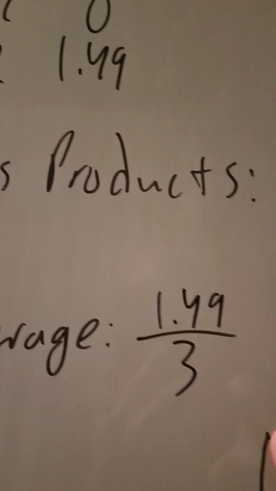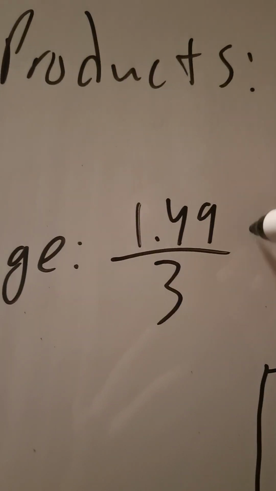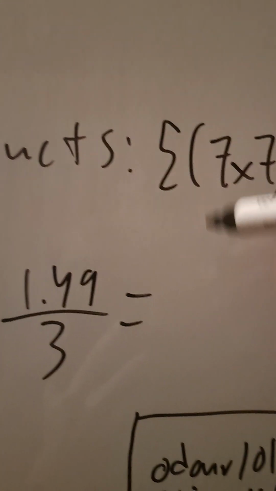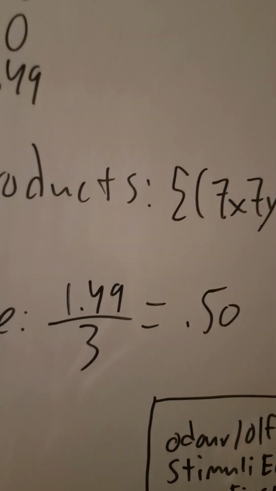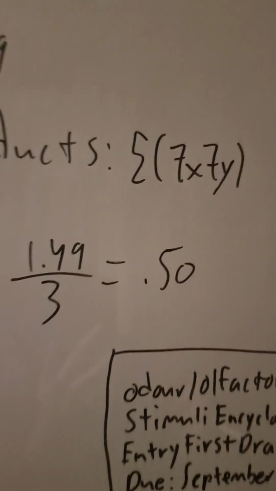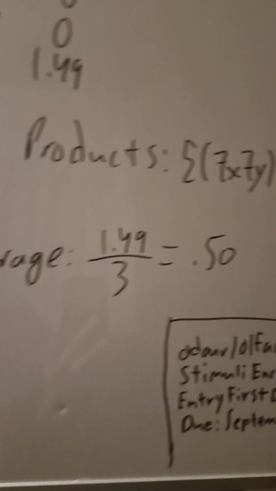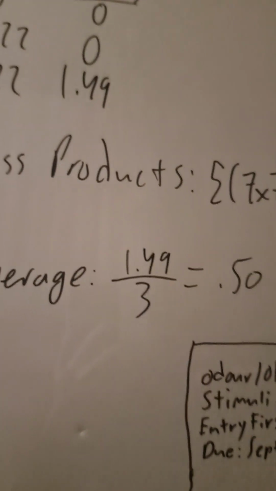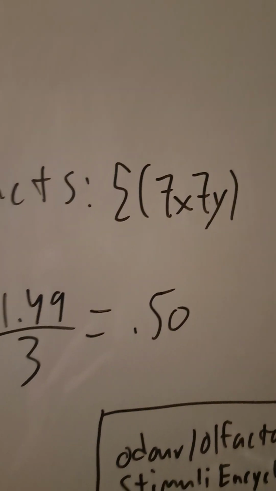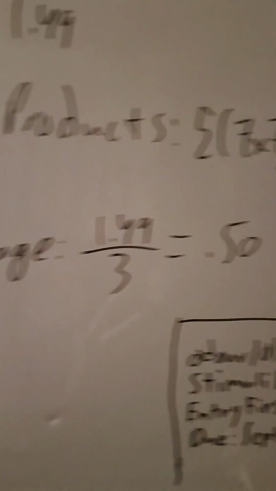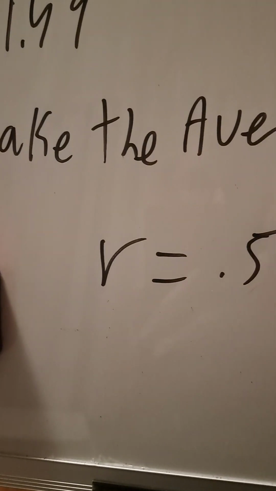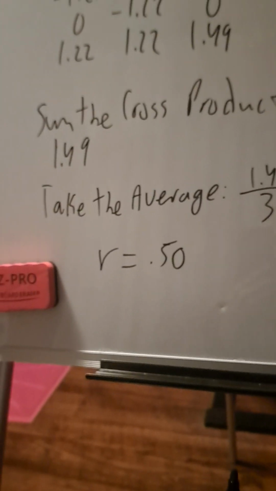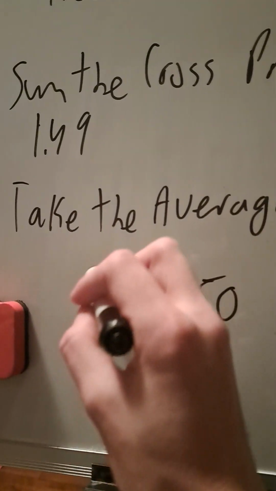We have 3 scores here, so we're going to put this over 3. And what we're going to get is 0.50 as our value at the end of that. So now we have that, and that is our r. On the bottom, I'm going to put r is equal to 0.50.